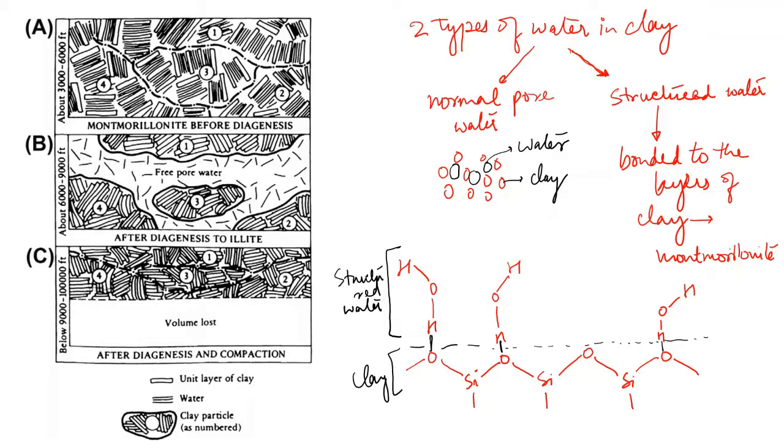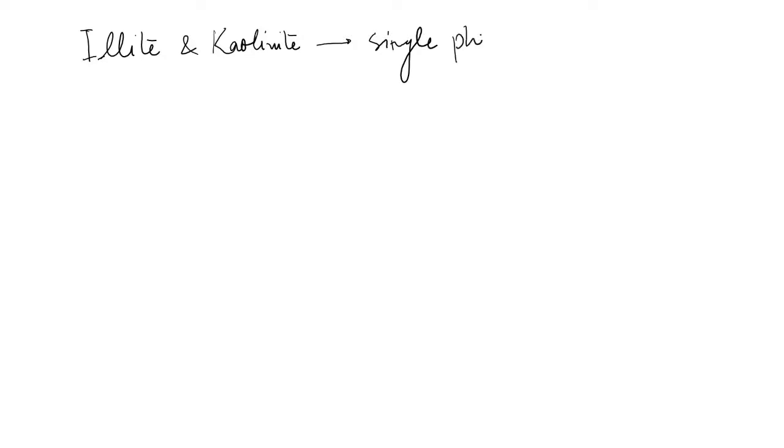I'll come to this diagram a little later. I just wanted to write this: clays like illite and kaolinite suffer from a single phase of water expulsion.